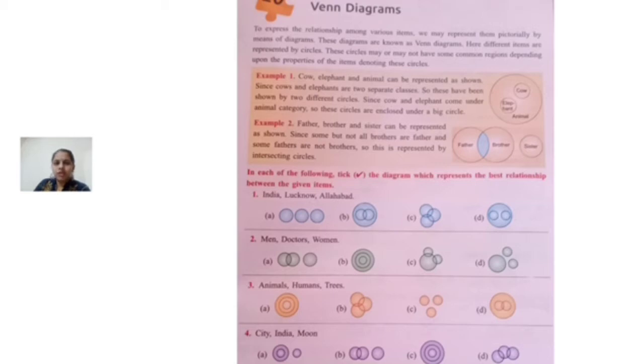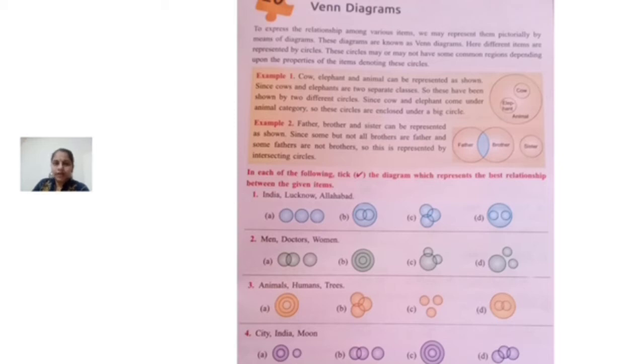Means students, we all know that in our surroundings animals are there, trees are there, then fruits, vegetables. So they are in different categories.